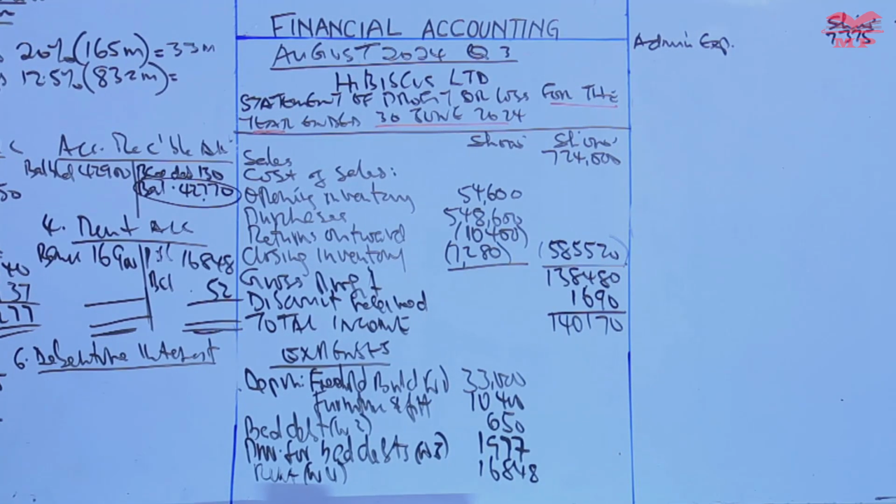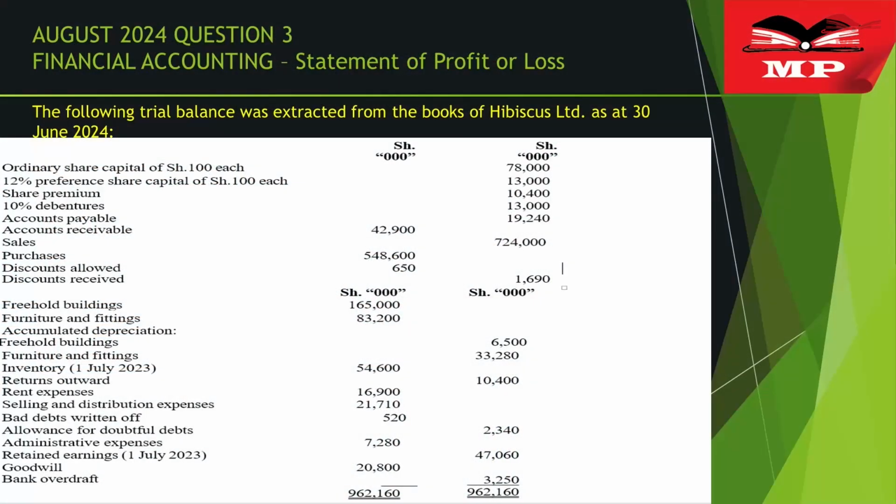Now go back to the trial balance. Where are the debentures? The fourth item, we see the debentures, and the rate is there, 10% debentures. So we apply the 10% on the book value of the debentures, which is 13 million.